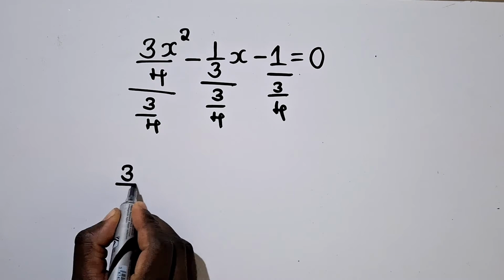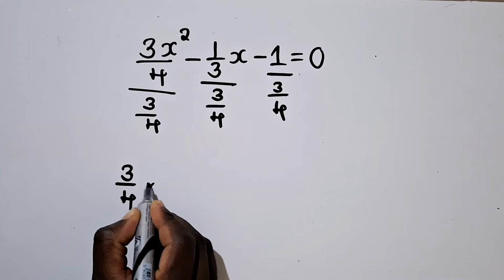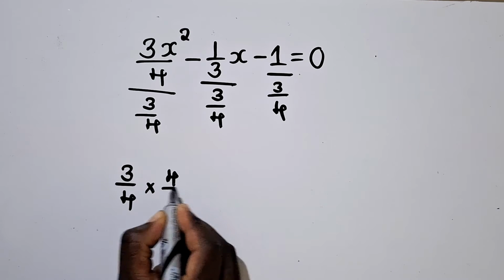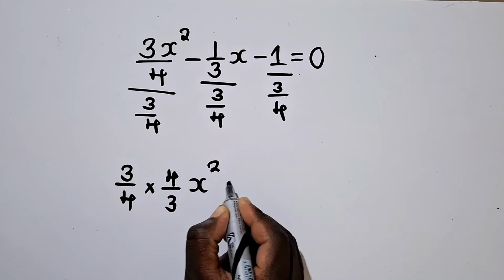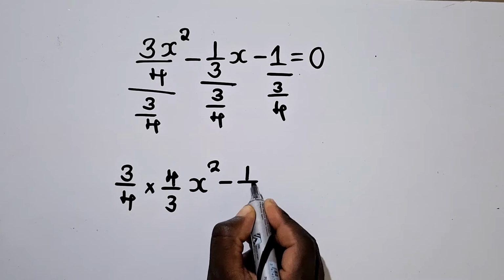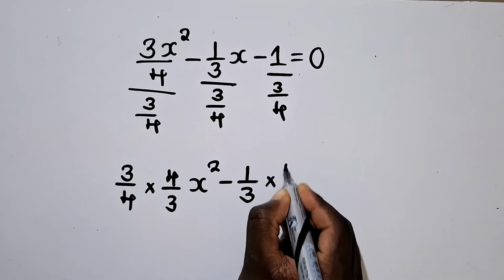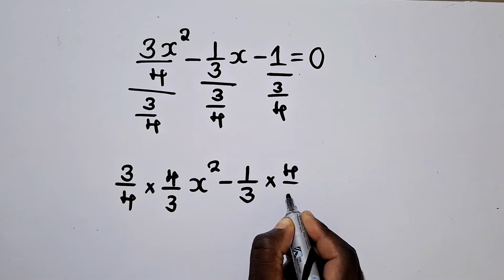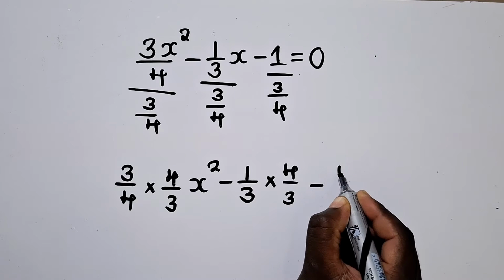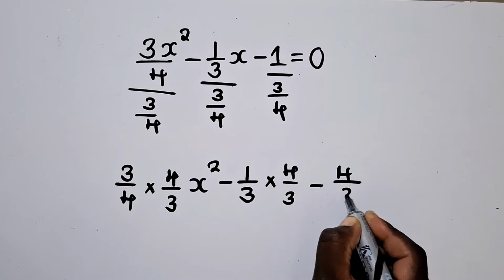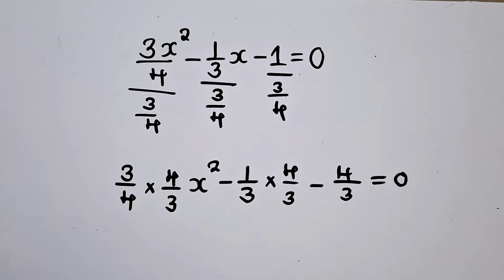3 over 4 times 4 over 3. Then x power 2 here, minus 1 over 3 times 4 over 3 minus 4 over 3, which is equal to 0.